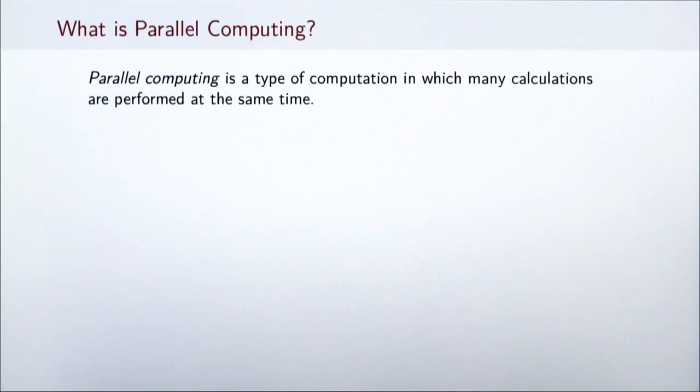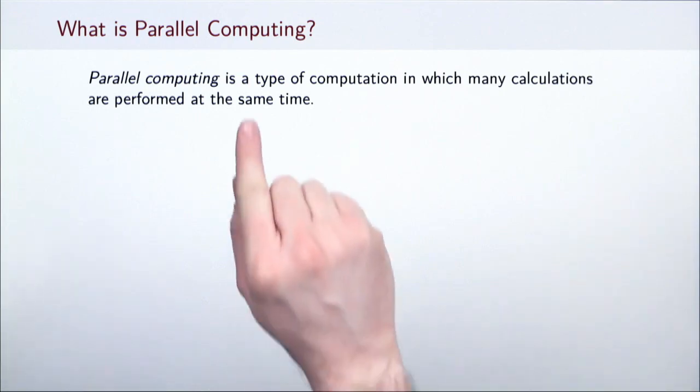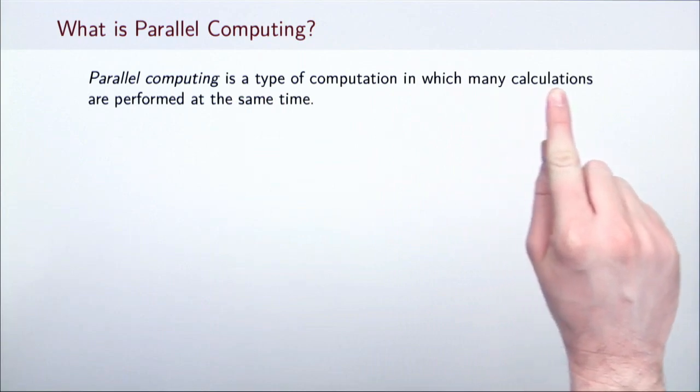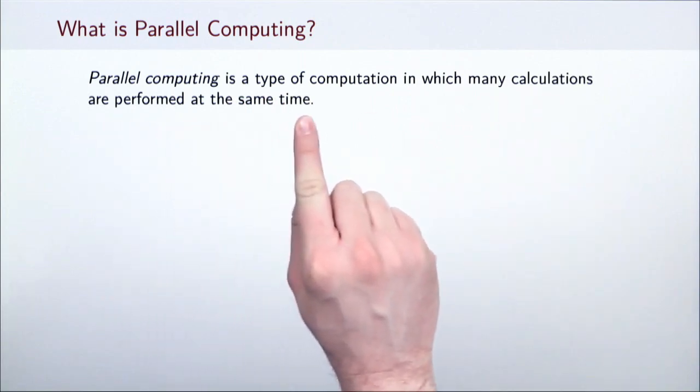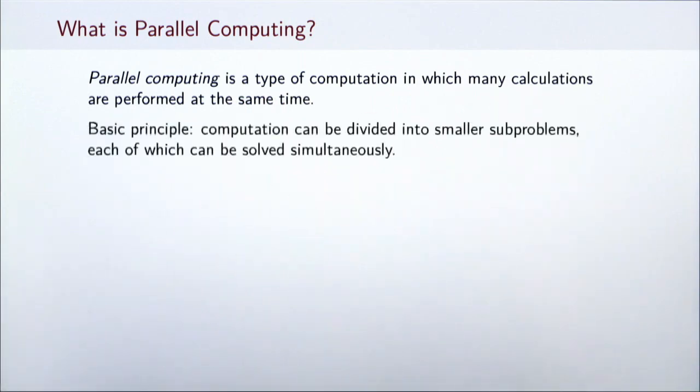The first big question that we need to answer is, what is parallel computing? So let's define it. We will say that parallel computing is a type of computation in which many calculations execute at the same time. Parallel computing is based on the following principle.